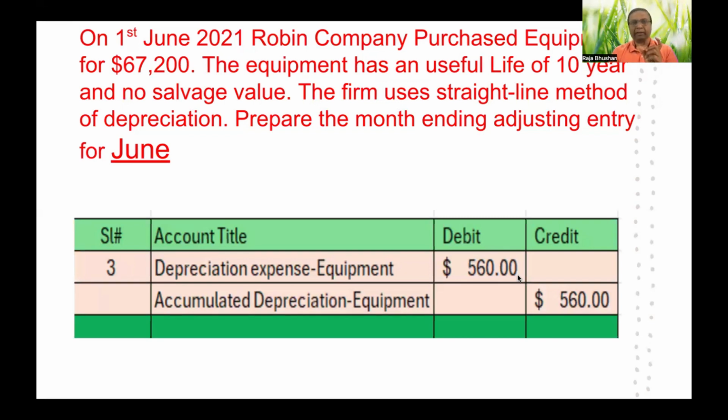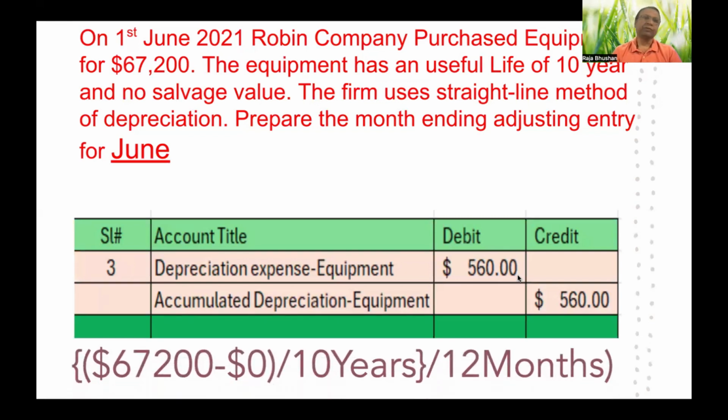So that is for 1 year. And for 1 month, we have to divide that by 12 months. 6,720 divided by 12 will give us $560. So $560 would be the amount of depreciation expense on the equipment. So we debit depreciation expense and credit accumulated depreciation on equipment.